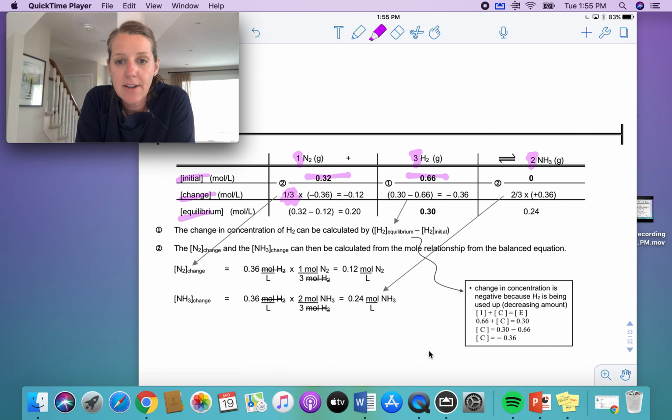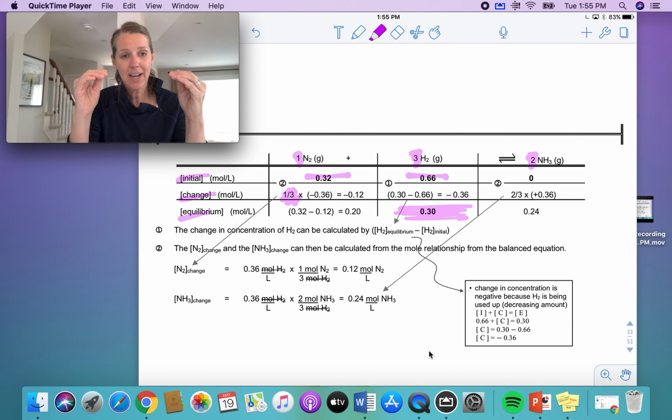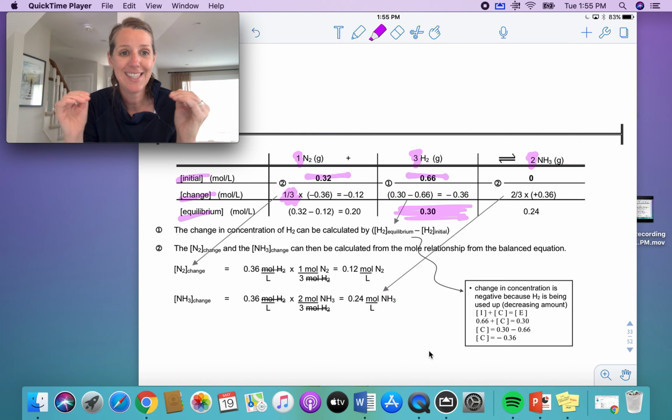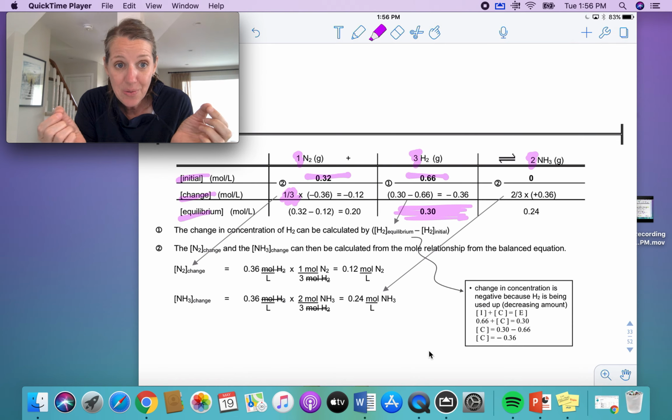Can you see here how if my answer is 0.30 for my hydrogen gas, can you see how my change in concentration for my nitrogen gas is going to decrease by 1/3 of that? Because my nitrogen gas and my hydrogen gas are going to decrease by the same ratio, if you will.